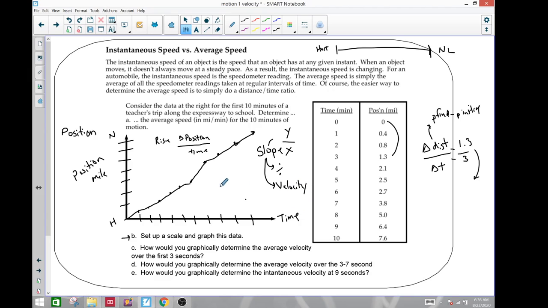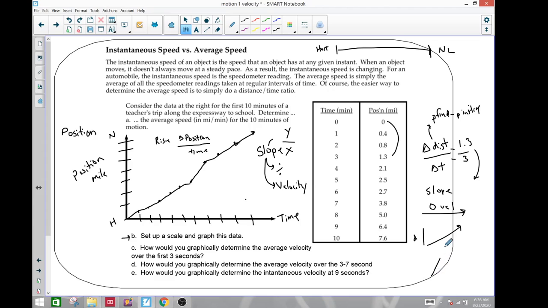And you might note that if you have a flat line, flat slope, that there's no change in position over time. So this would be a 0 slope, would be 0 velocity, okay? And as that slope increases, you get a larger distance traveled in a given time.